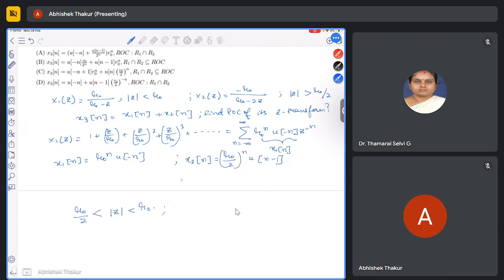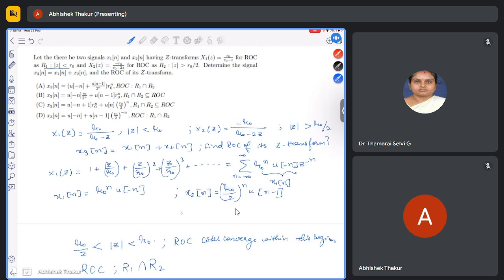So the ROC will converge within this region. Basically the ROC is R1 intersection with R2. So which option is correct?